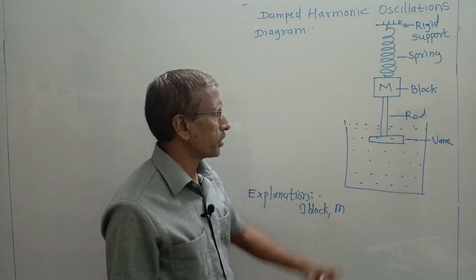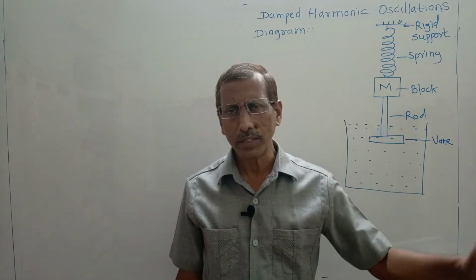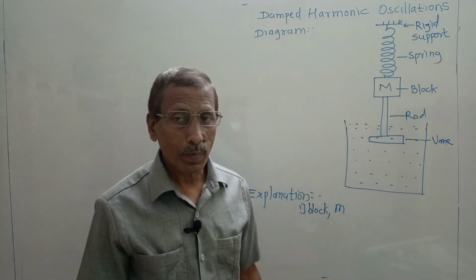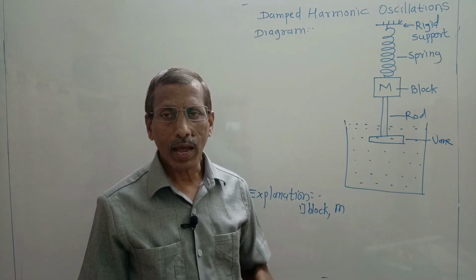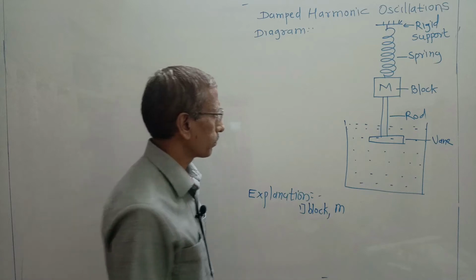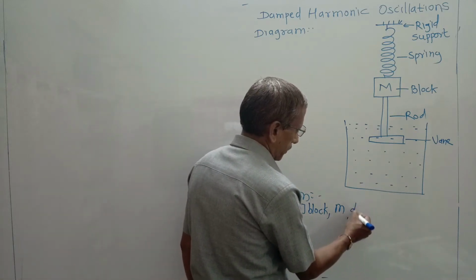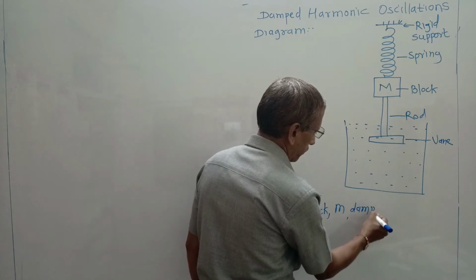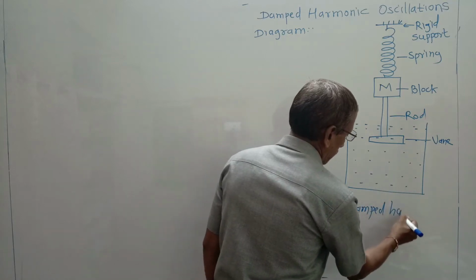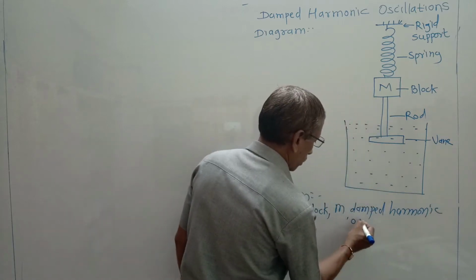Let us consider this block of mass m performing damped harmonic oscillations. So this is block of mass m, this block performing damped harmonic oscillations.